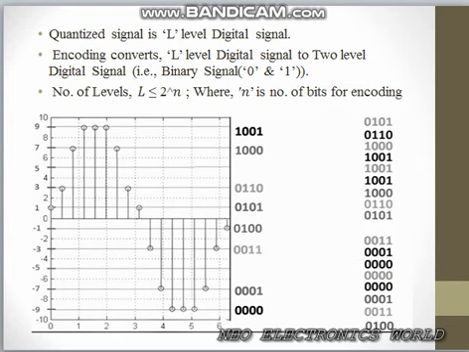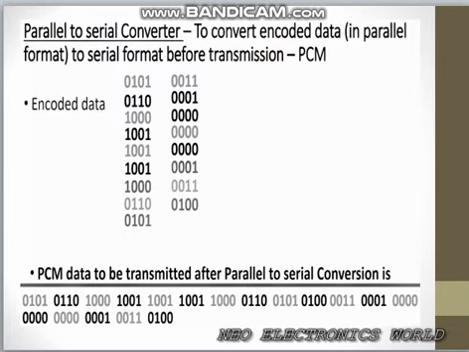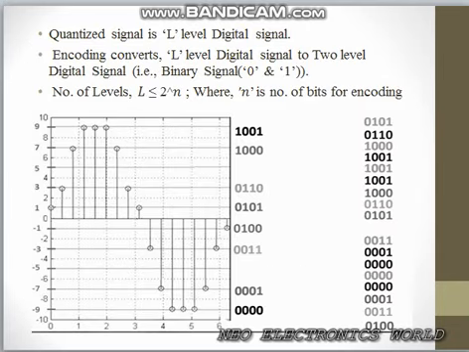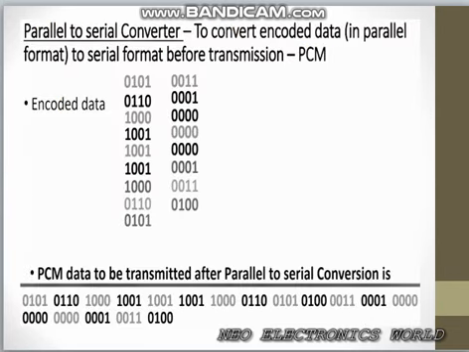There will be some numerical problems relating to this in your question paper, so just be aware of it. And here also we can see from 0 to some number, it has been quantized. Depending upon the user or the designer, the number of bits and the levels will be chosen. Then the last step is the parallel to serial converter.